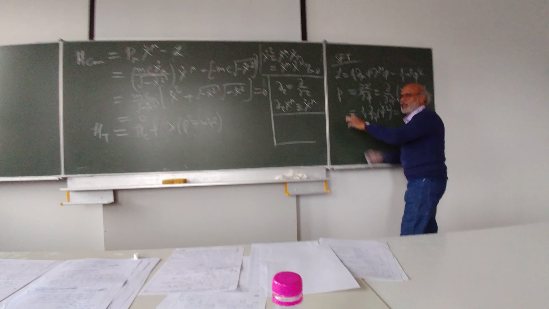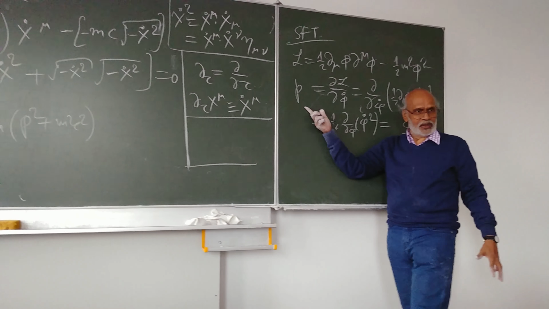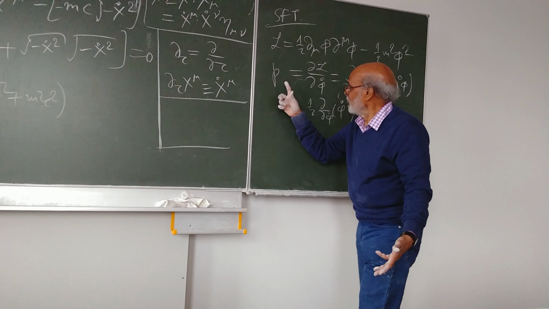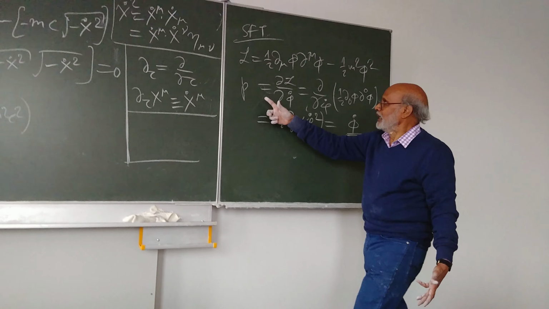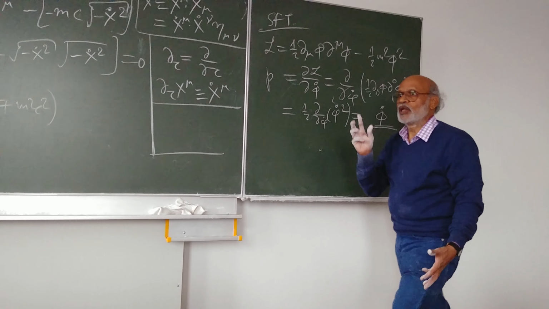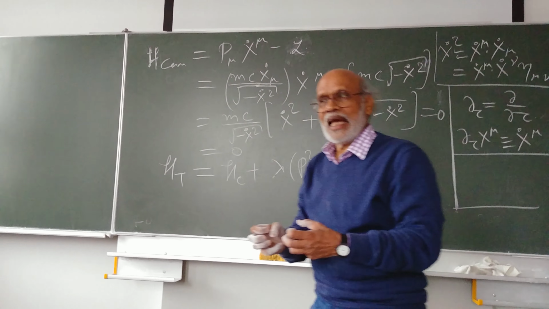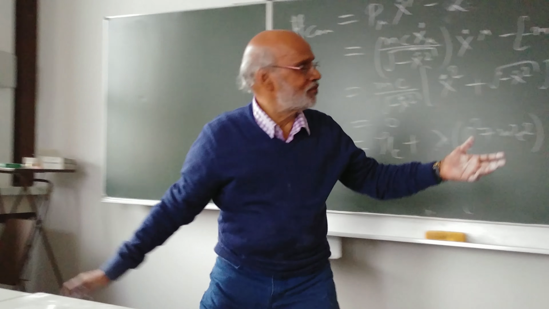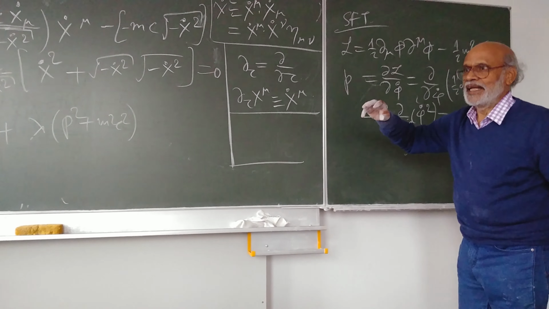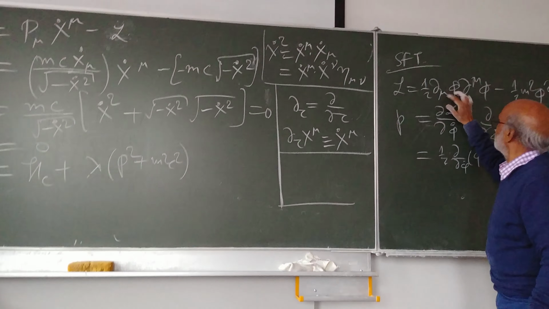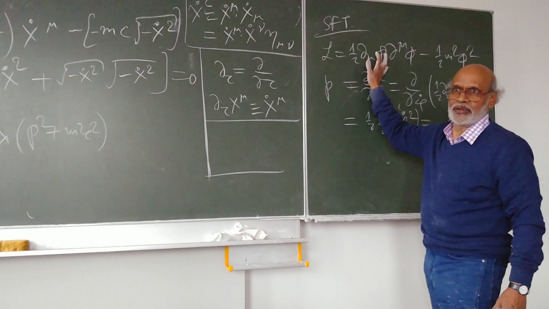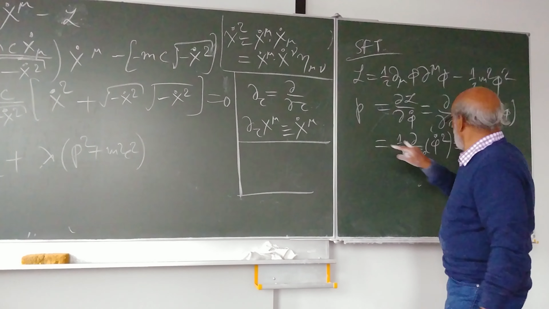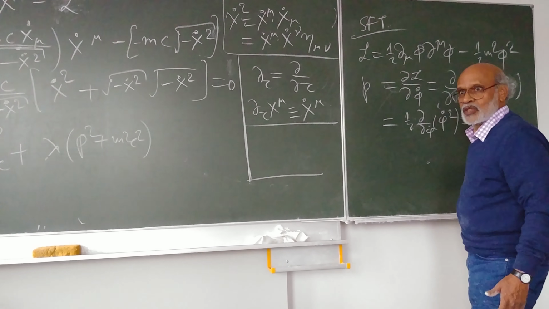Here, when you obtain the canonical momenta of the theory, P depends on phi dot. Phi dot is a velocity. So as long as P depends on a velocity, any of the velocities of the theory, supposing I have phi 1, phi 2, phi 3, up to phi k, different fields, with different kinetic energy terms, then there may be some P's which would not depend on any of the phi dots.